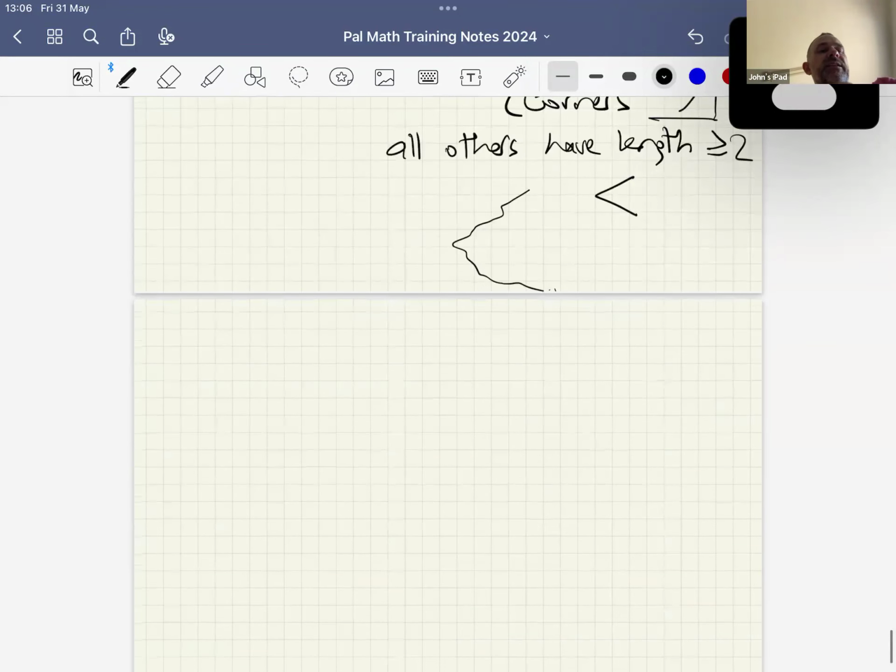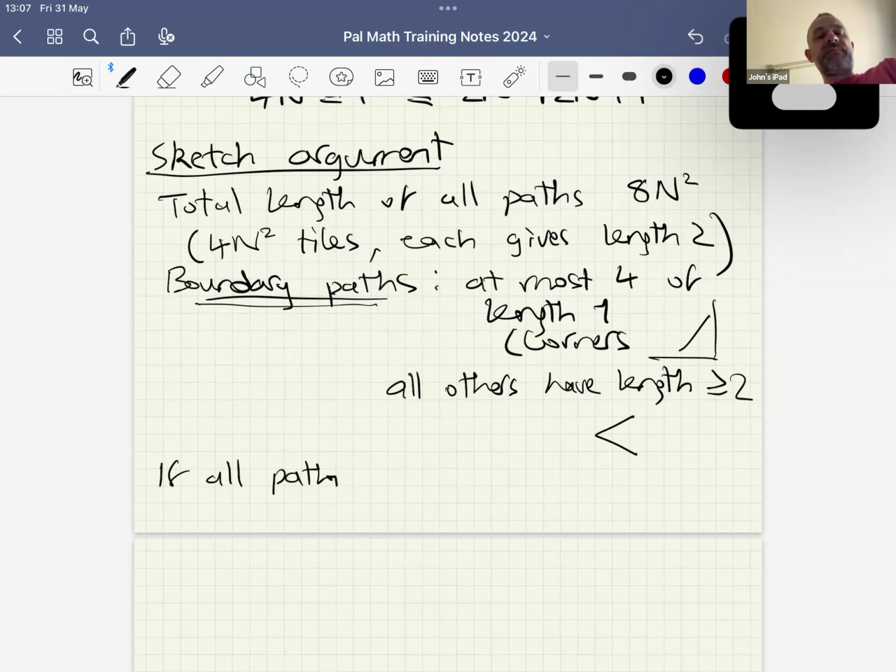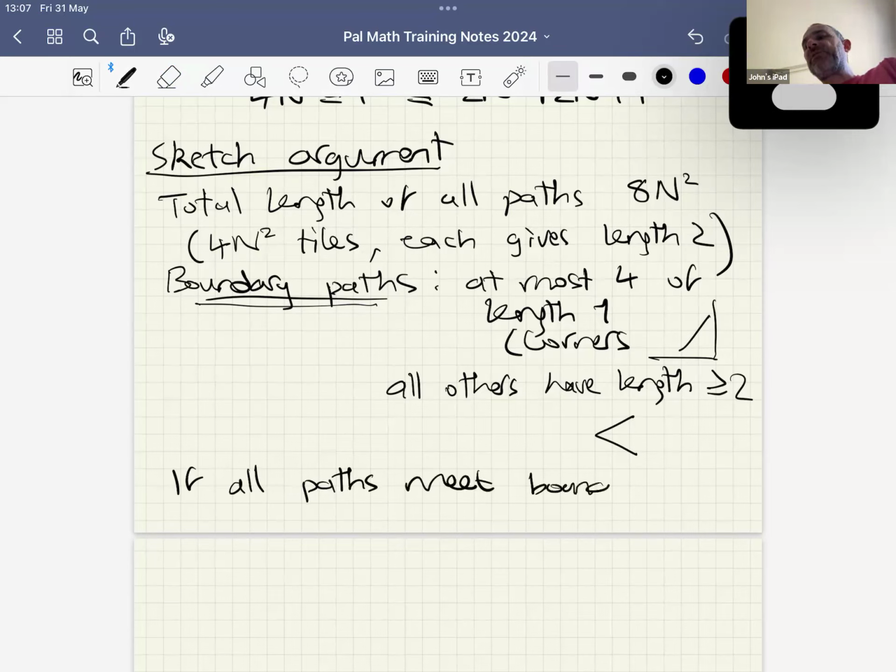So the total length of, I'm probably going to fluff this explanation, but basically, if all paths meet the boundary, and we've seen an example, what's the total circumference?